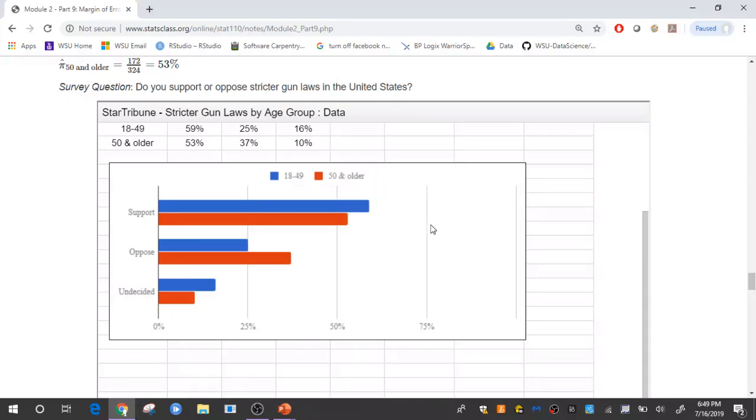So here's the bar graph for the two different age groups here, also across the different possible outcomes: support, oppose, or undecided. So the blue bar here is the 18 to 49-year-olds, and then the red is the 50 and older group.